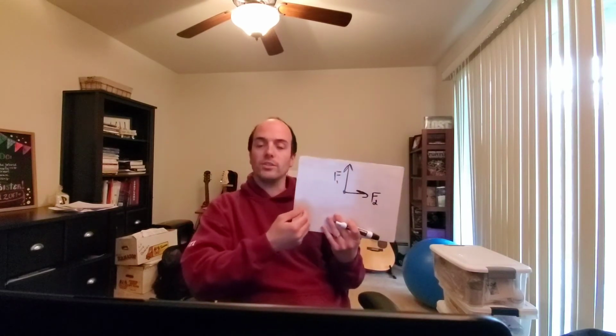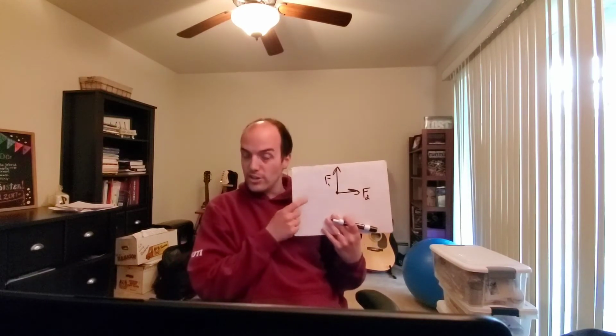Now, going back to what we talked about before, the other thing is you can never, ever mix dimensions. I'm going to have a problem from time to time where I've got forces that are vertical and forces that are horizontal. I cannot put these two forces in the same equation.